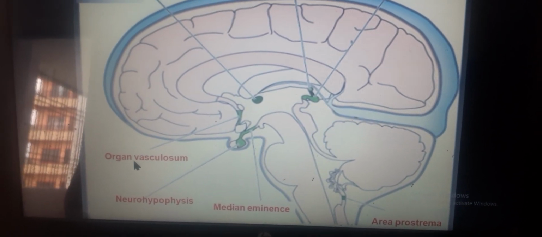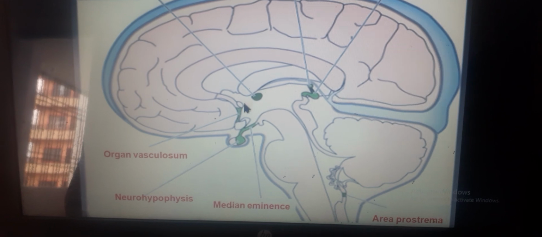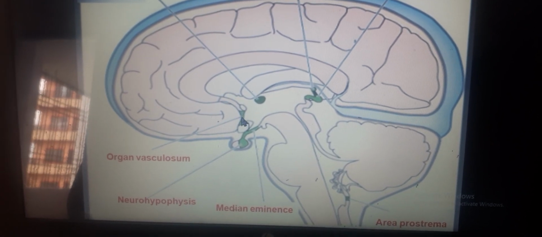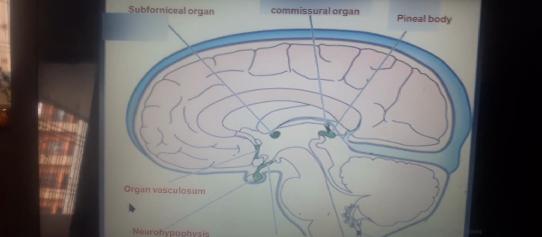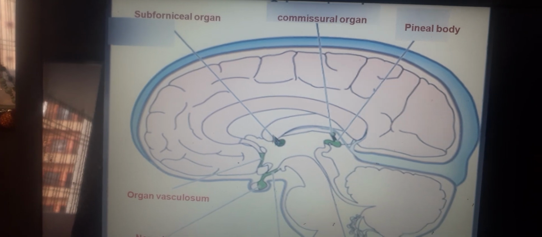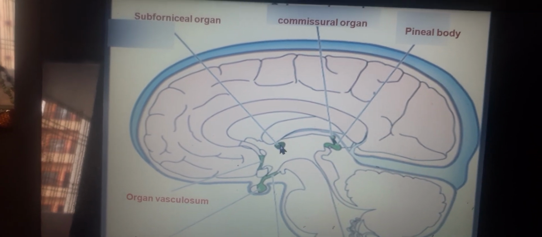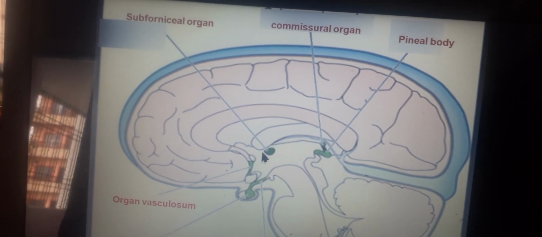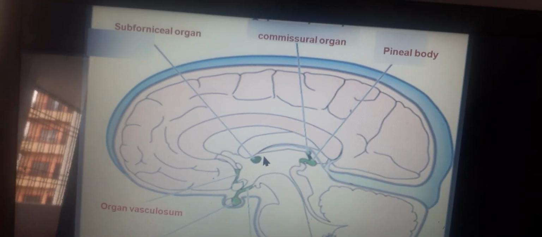This is the organum vasculosum by the side of the lamina terminalis, which senses peptides. This is the subfornical organ just below the fornix by the foramen of Monro, which releases angiotensin to regulate blood pressure.